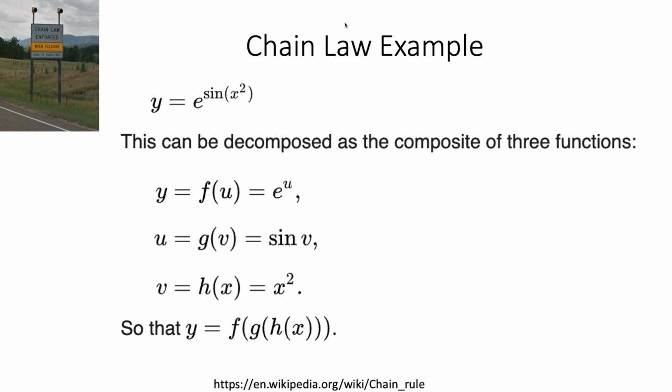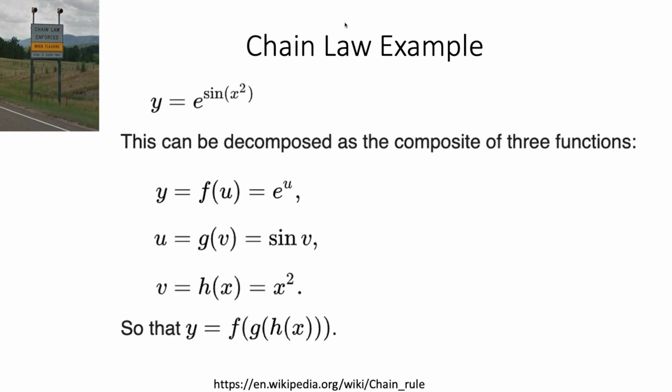Okay? So now let's define what u is a little more carefully. The next line we say, okay, u is going to be g of v. And so that's just the sine part. So now we're only looking at the sine doll, right? That's kind of the middle doll in this scenario. And then we're saying sine of v. Well, what's v? We'll call that h of x, and that's going to be x squared, right?